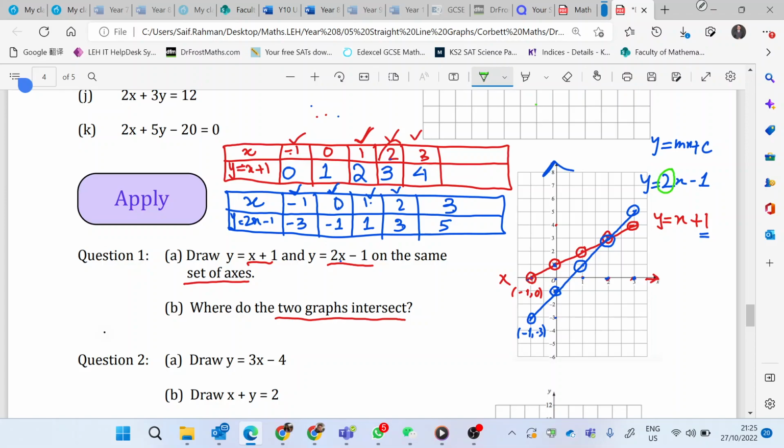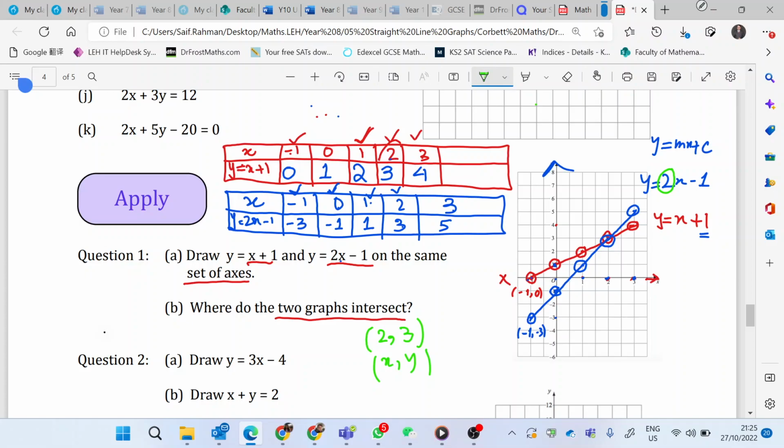And we have to write where these two graphs intersect. So the two graphs intersect at point 2 on the x-axis and 3 on the y-axis. So we have to write the x and y coordinates of the point where these two lines intersect each other.